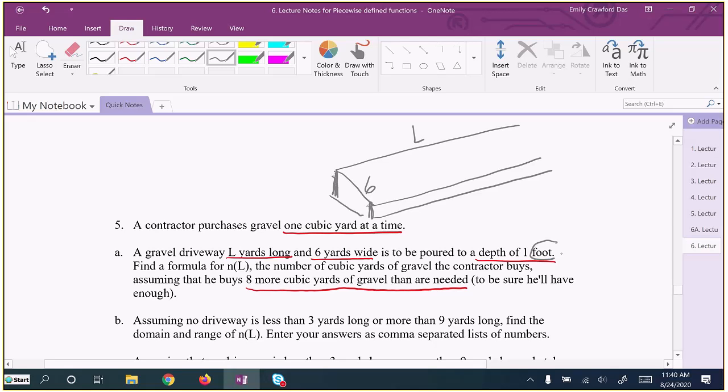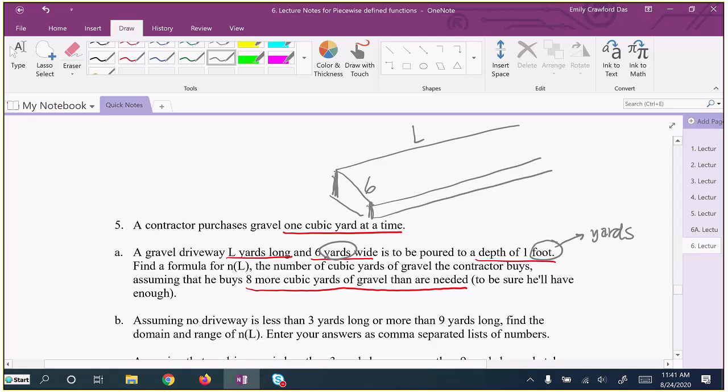Well, I can't have measurements in both feet and yards, so I want to either convert yards to feet or feet to yards. How do I know which way to go? The question asks us to find the formula where we put in L in yards. So I think our best bet is to convert feet to yards.